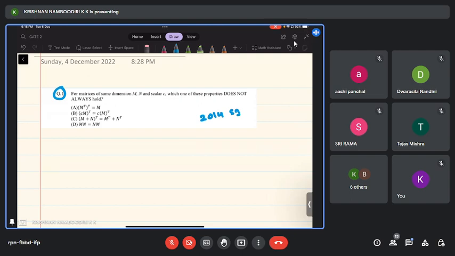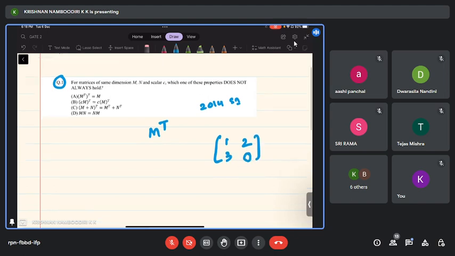This is about properties of matrices. The first property: this notation implies the transpose of a matrix. Take 1, 2, 3, 0. The transpose of this matrix is 1, 3, 2, 0.